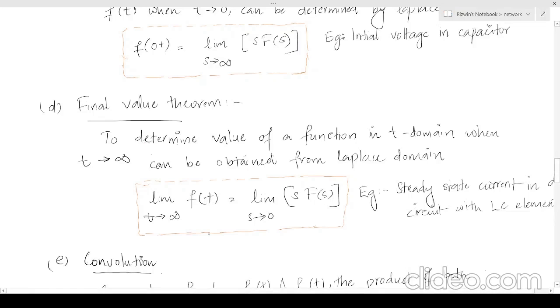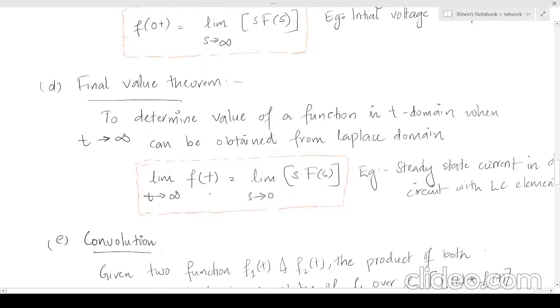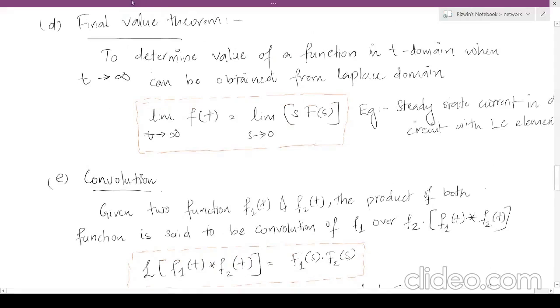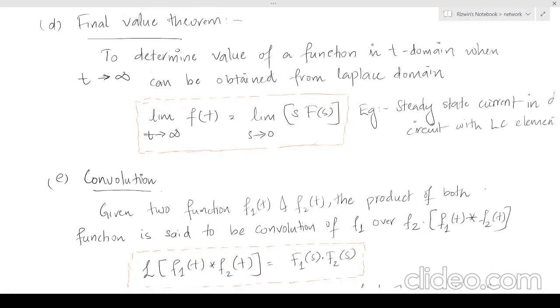If I express the current as a function f of t, I have to find the value of f of t at infinity, and in the s domain, if we have the equation, just multiply with s and apply the limit s tends to 0, and you will obtain the value of that function f of t when t equals infinity. That's all about the final value theorem. So the initial value theorem and final value theorem are an easy way to determine the value of the function in the time domain when you have the function in the s domain.